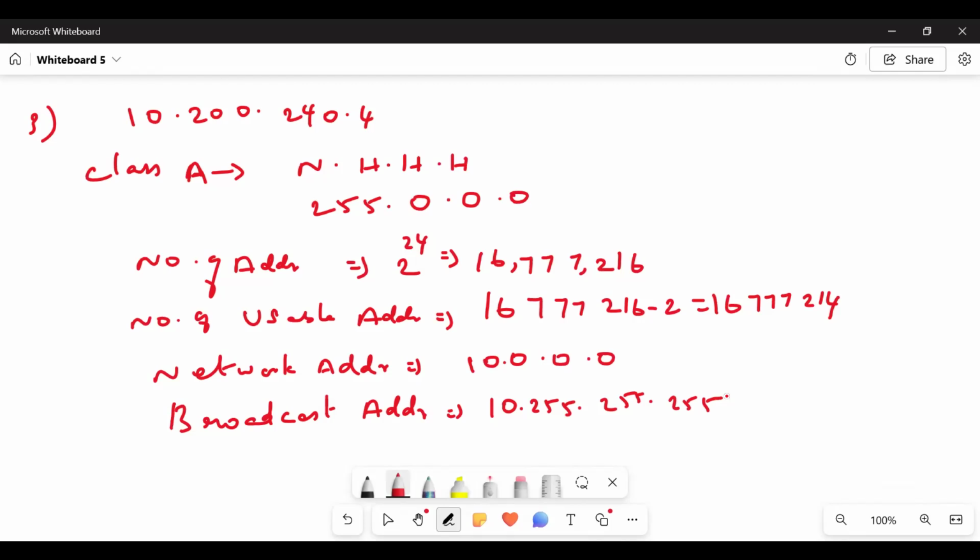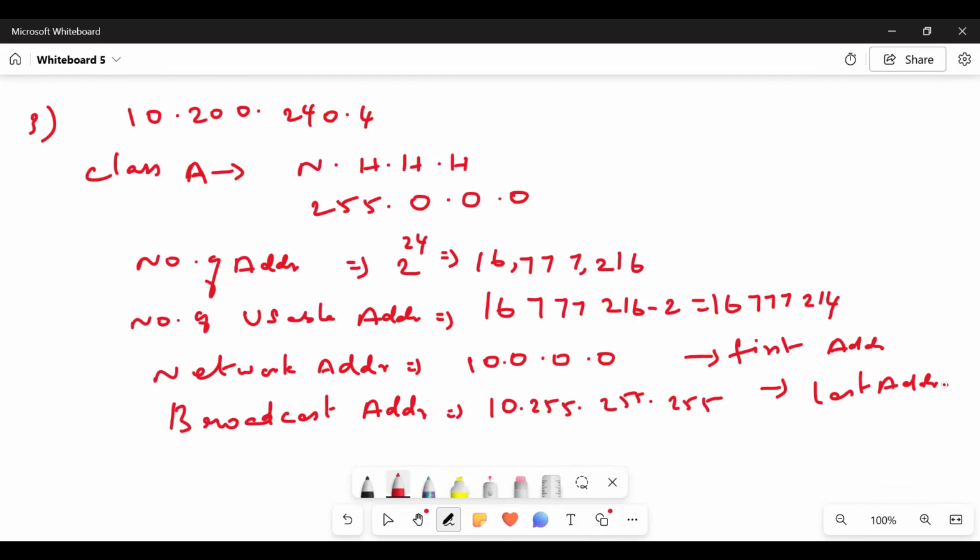So this is the first address and the last address. These two addresses will not be allocated to any devices. The next address, for example 10.0.0.1, will be allocated to the first system, the first host.